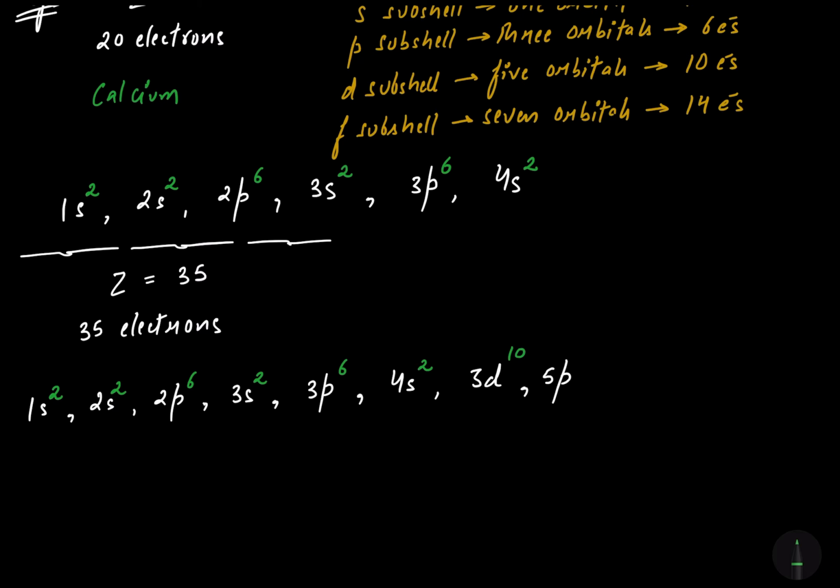So up to 3d we got 30 electrons completed. Now we have to fill 5 more electrons because the atomic number was 35. Now 5p can acquire a maximum of 6 electrons, but we have only 5 electrons now. So we will write just 5 electrons in 5p, and that's the electronic configuration of atomic number 35.